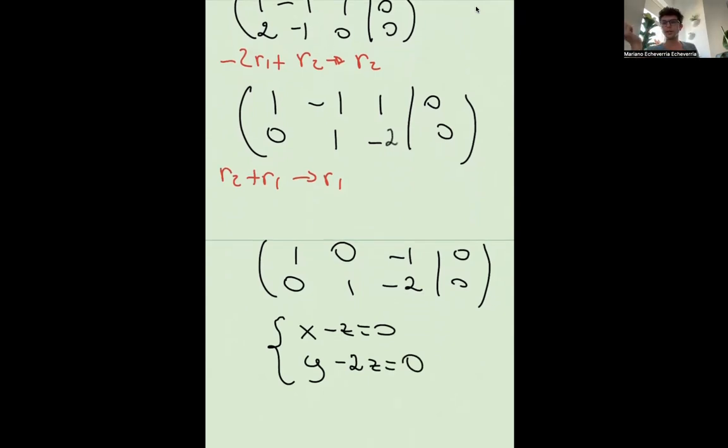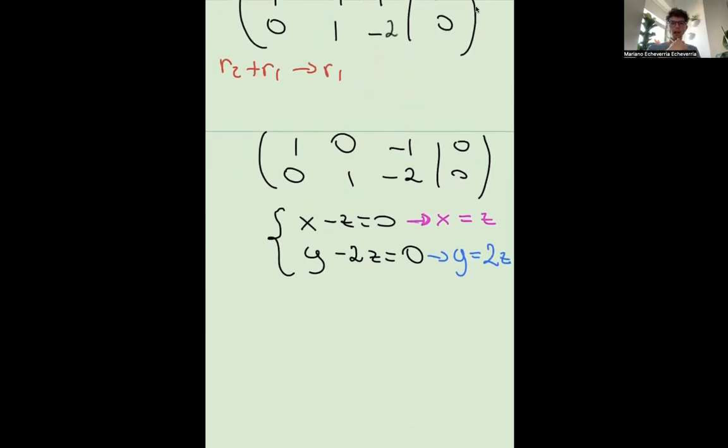Okay, but this is super easy because now this gives you x and y in terms of z, right? This one is saying that x is z, and this one is saying that y is 2z.